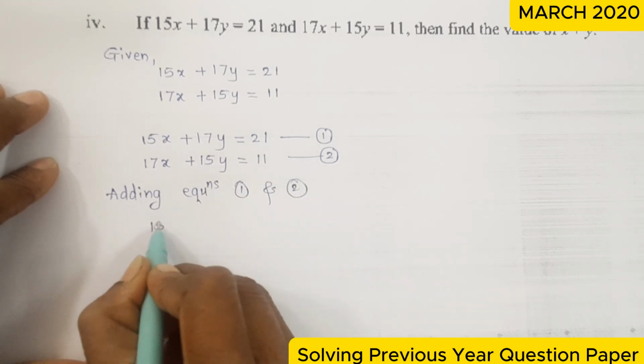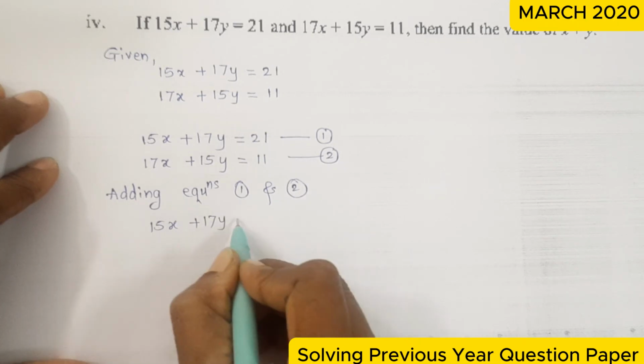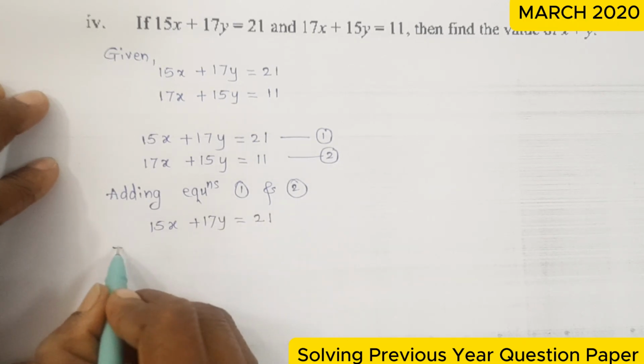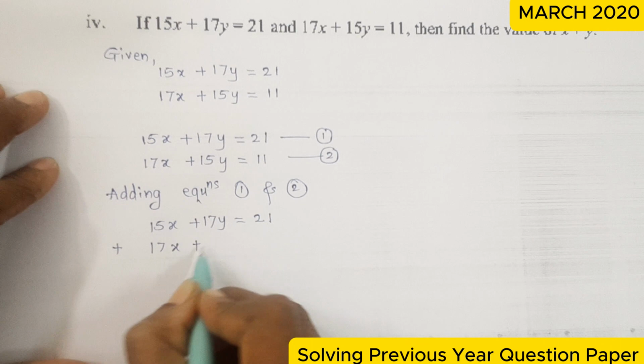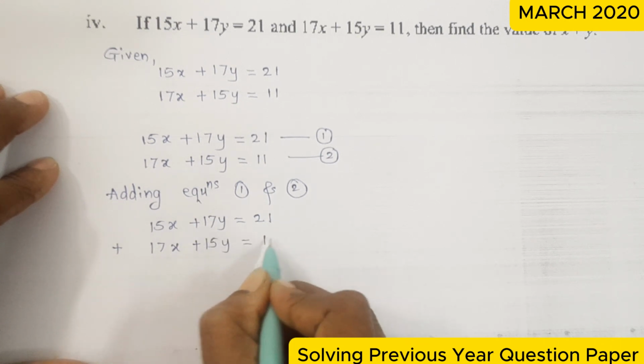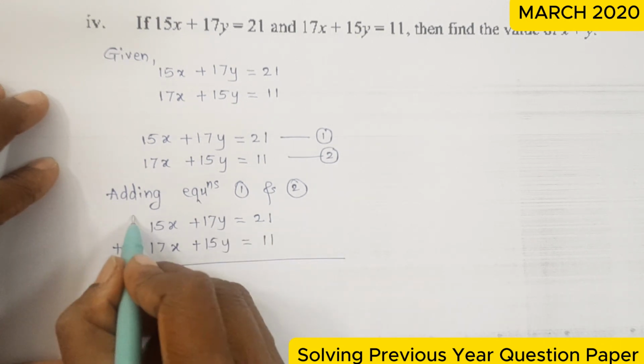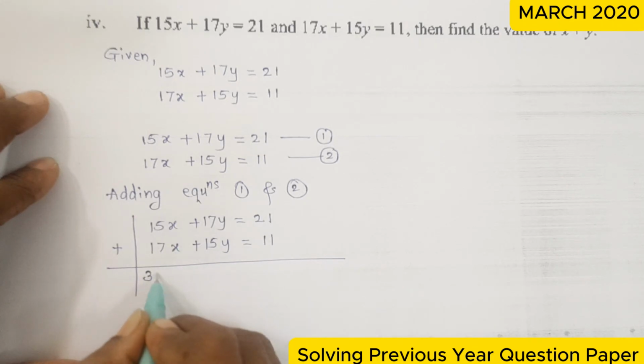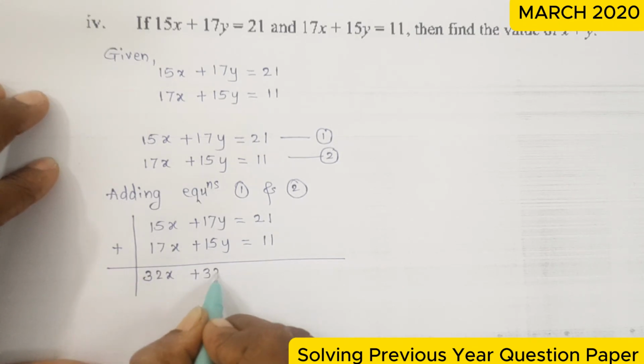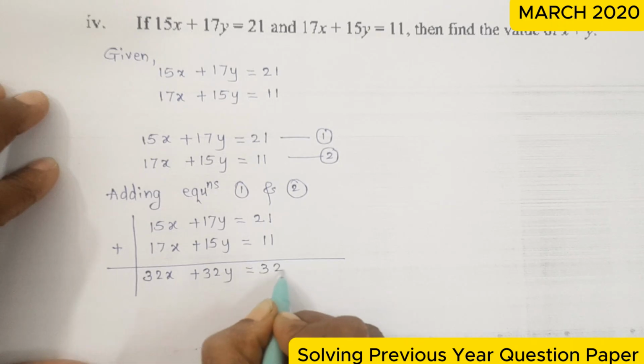So now here 15x plus 17y is equal to 21 plus 17x plus 15y is equal to 11. Adding these we get 32x plus 32y is equal to 32.